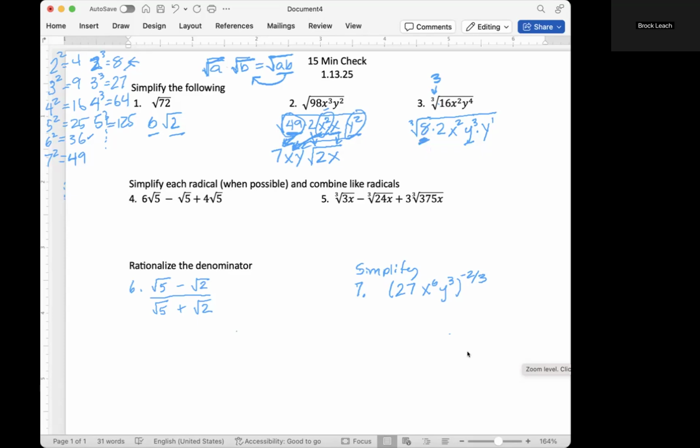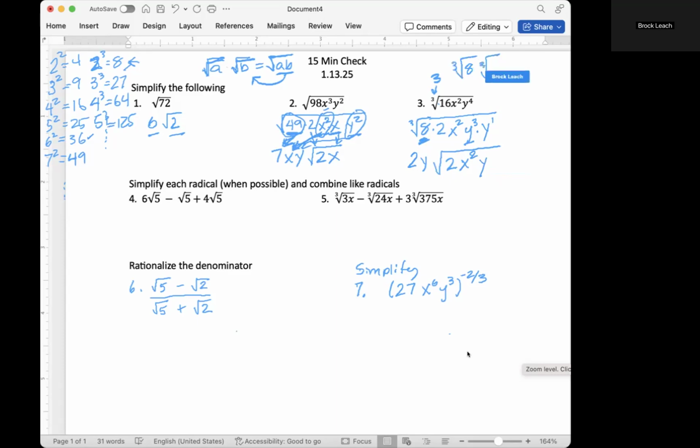So the cube root of 8 is 2. Cube root of y cubed is y. And what we have left is 2 x squared and a y. So, I mean, I could write several. I can say, okay, well, we have the cube root of 8.